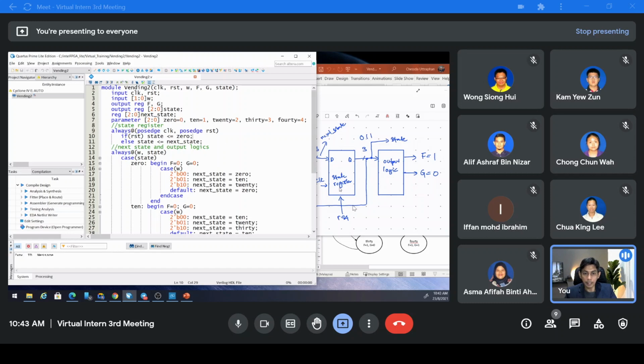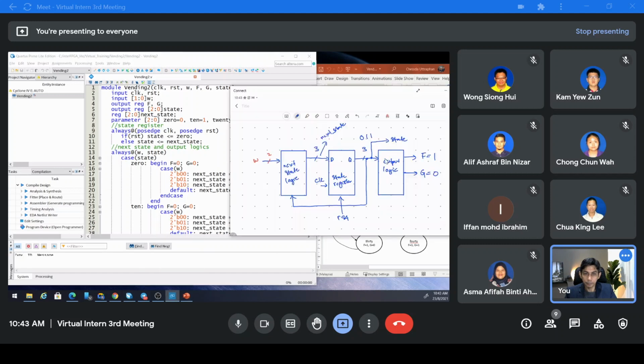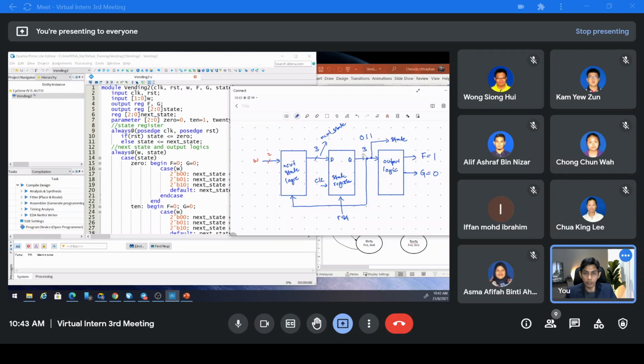All right, it means that when reset, we are at state 0. But if not reset, or the reset is not active, the output here is this, because this is the flip-flop. So the output will be the next state. State will be equal to next state. Right? So this will be synthesized into this.